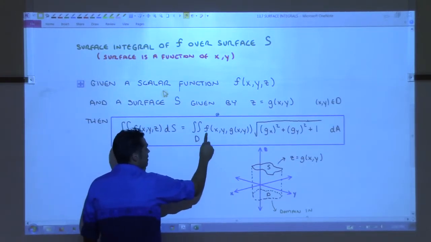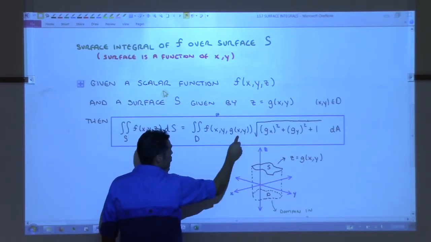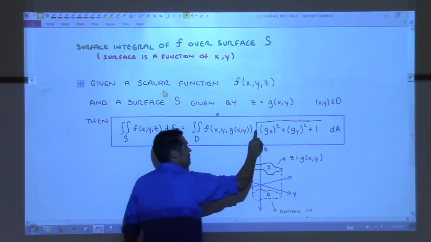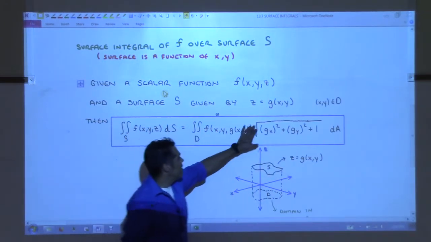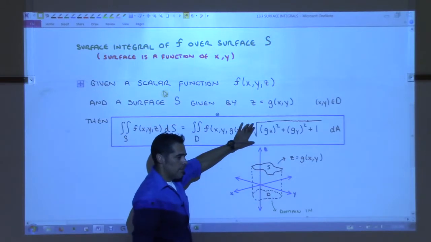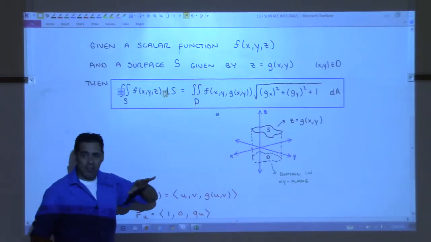Instead of evaluating the function along the surface, we evaluated x, y, and then z, which is our function of x and y. And then the magnitude of the cross product of the partials becomes easier, and we just have a quick formula for it. All right, so this was the case, which this time we can visualize our domain.